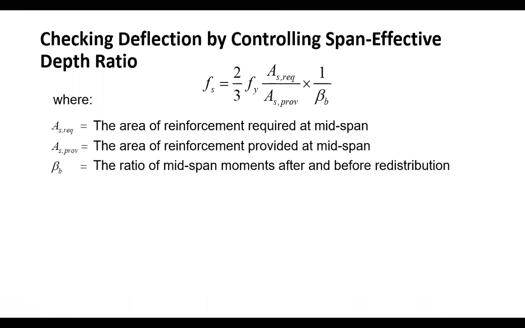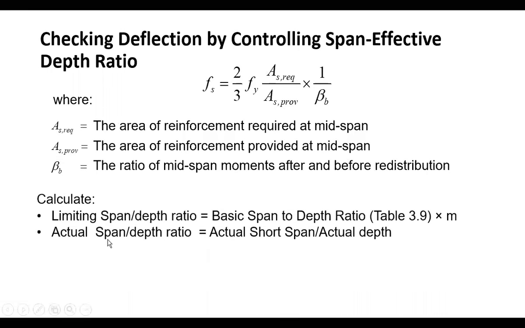Okay, once we got M, we have to calculate something called limiting span to depth ratio. The limiting span to depth ratio equals the basic span to depth ratio from the code, which was 20 in case of simply supported or 26 in case of continuous, multiplied by M, the M that you calculated from the previous equation.